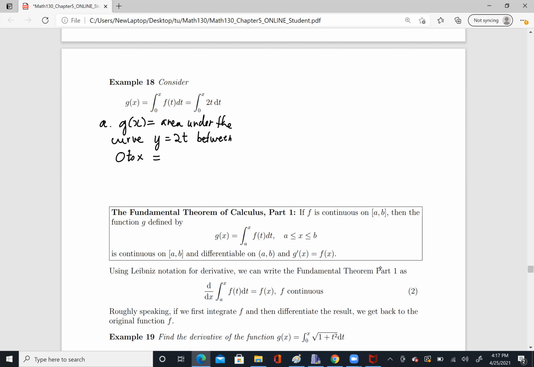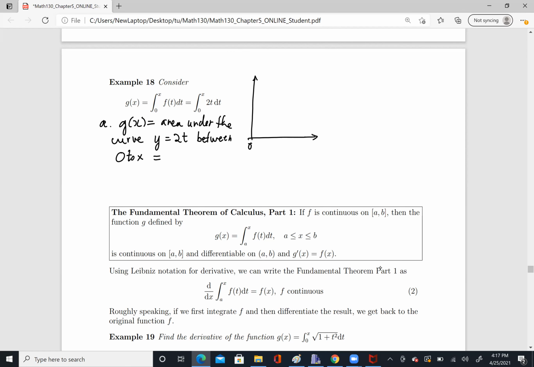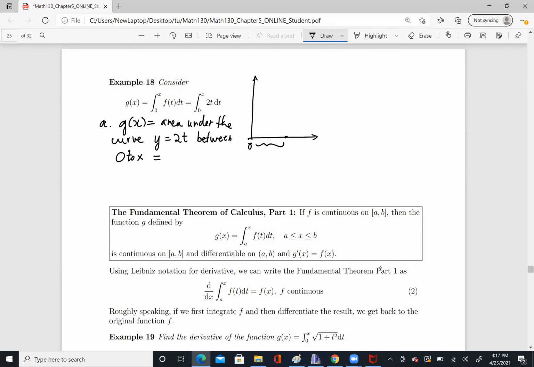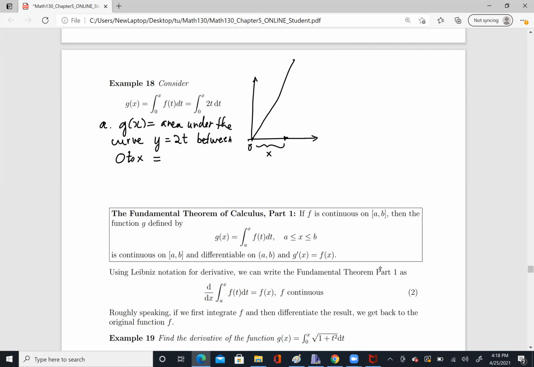And that will be, okay, remember that if you draw the graph of 2t, right, you should see that, because I consider just from 0 to x, so 0 should start here. And then let's say x is here. Here's x, right? So then the graph will be 2t, maybe up here, right? 2t is a line.